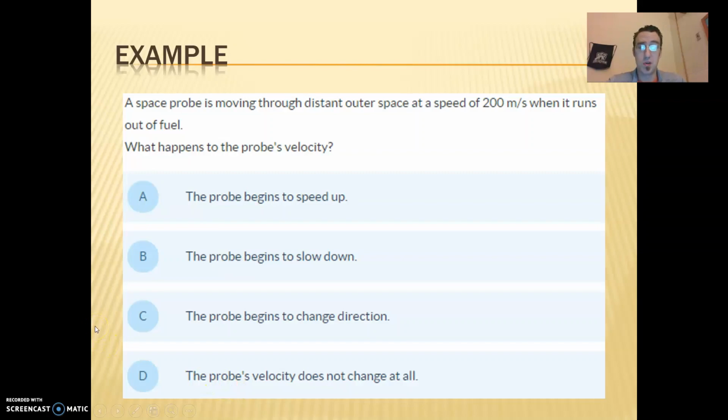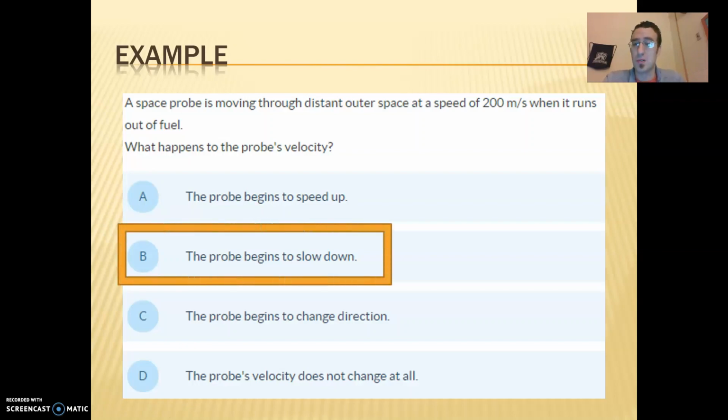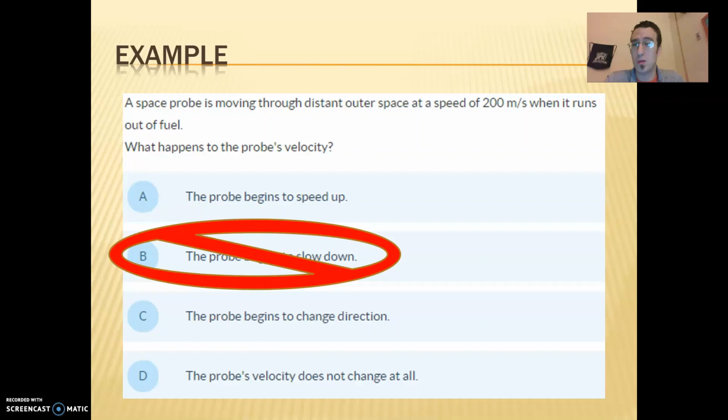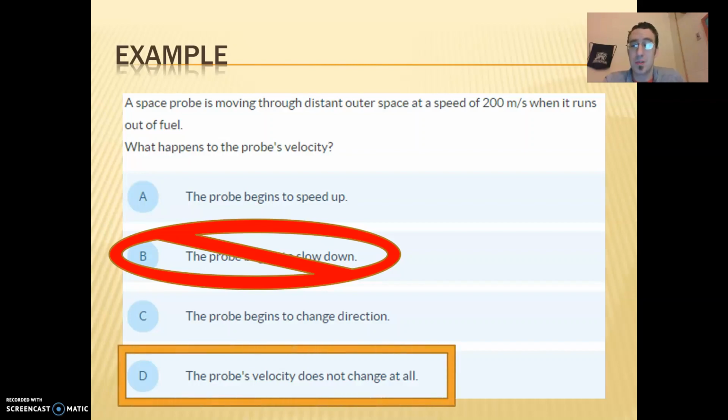So Newton's first law says that things will keep doing whatever they were doing. Out in distant outer space, there's nothing there to act on it. So if you're saying that it slows down, that would be wrong, because there's nothing in space to slow it down. What's really going to happen, it's just going to keep going at the same speed. It's going to maintain constant velocity until something gets in the way.